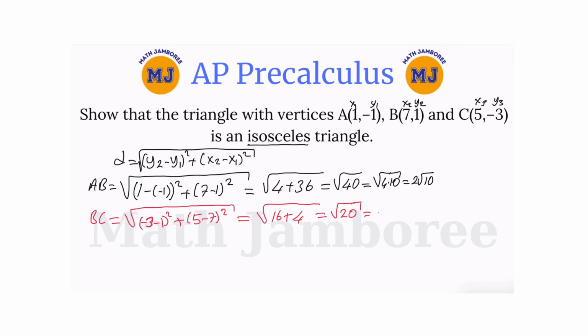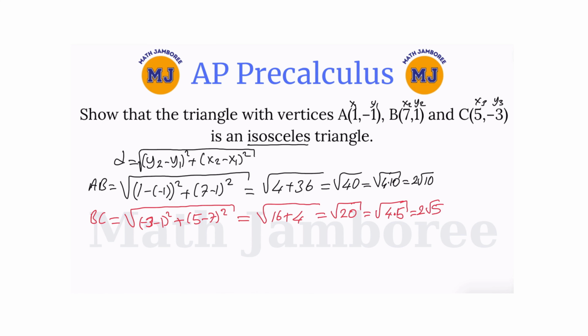The square root of 20 can be written as the square root of 4 times 5. You might ask, why don't we write 5 times 10 times 2? We don't write 10 times 2 because neither 10 nor 2 is a perfect square. We're looking for a perfect square that can come out of the square root. So this becomes 2 square root of 5.